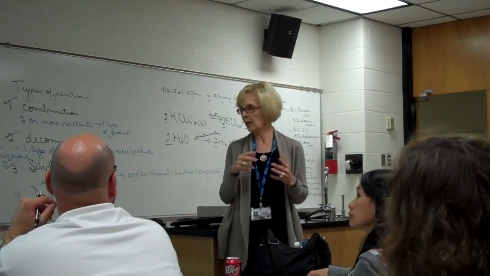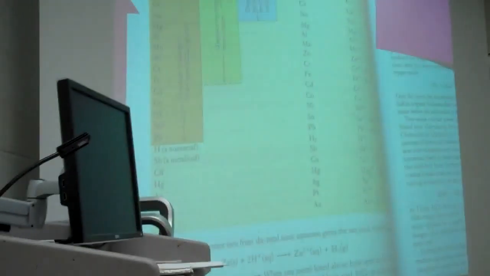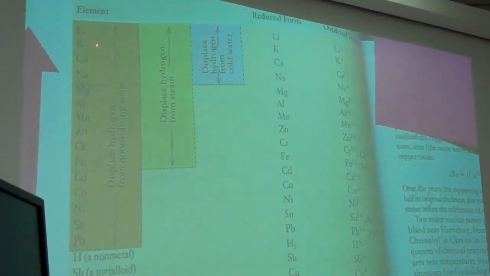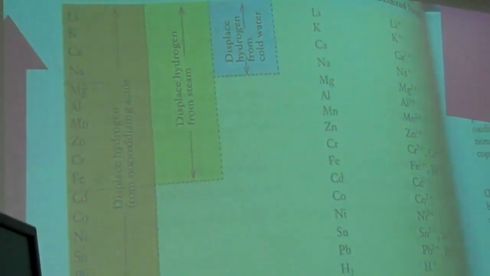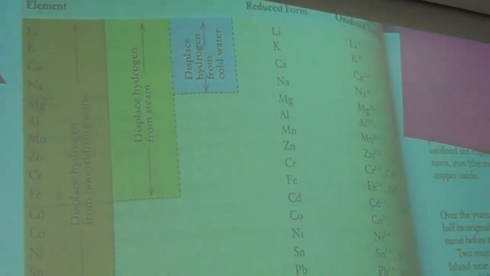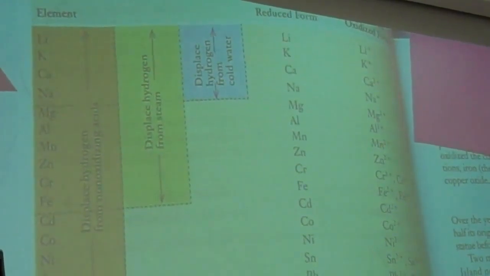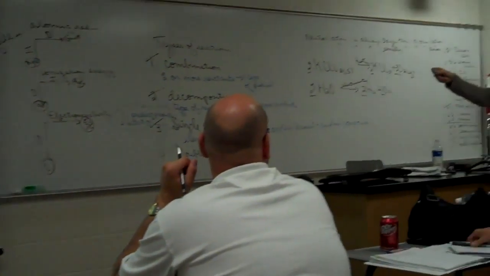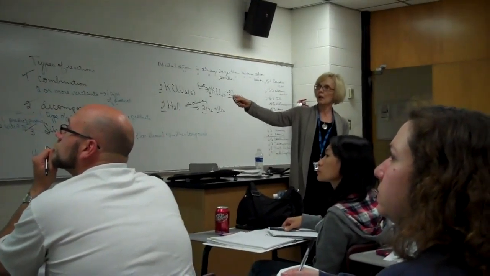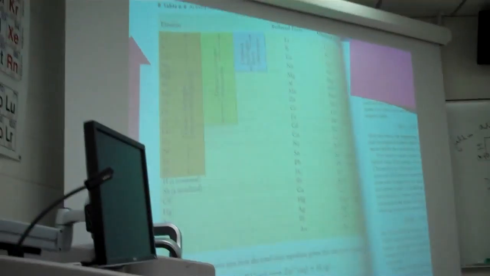I will make it available to you, because when you start looking, if you can see, unfortunately it's not good contrast here, but if you see the elements here, there's no rhyme or reason. This is just what was found. It's not like it goes through this period or that period or down this family, that family. It looks pretty random. Like here's lithium and potassium, but then suddenly you have calcium and sodium and so forth.